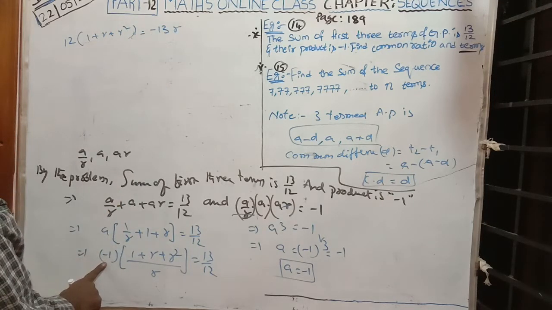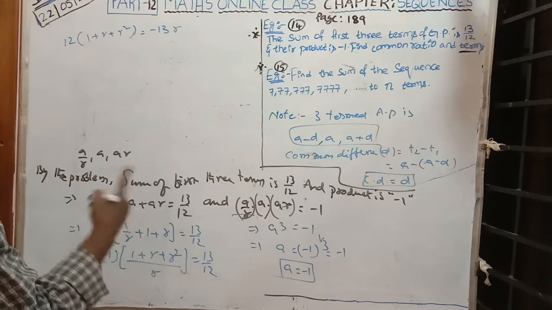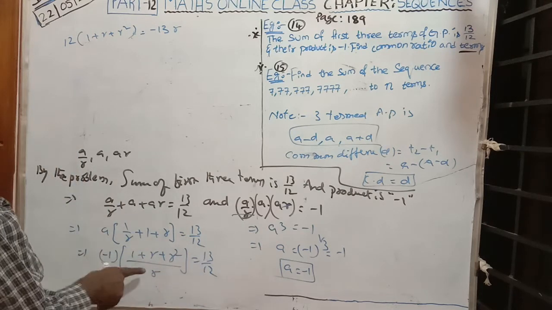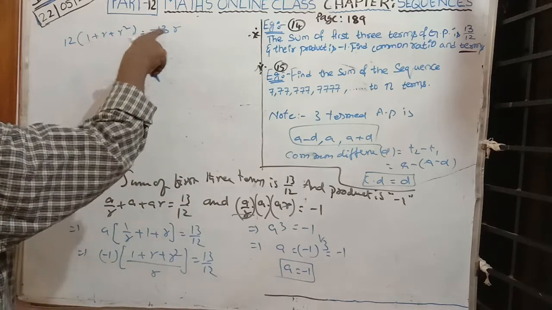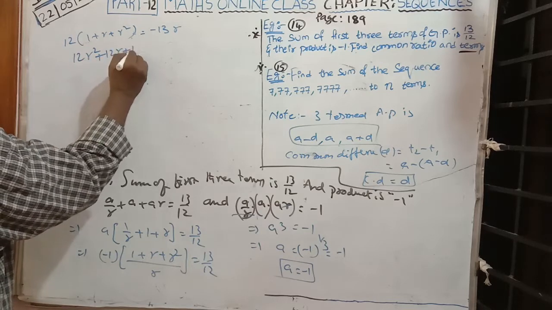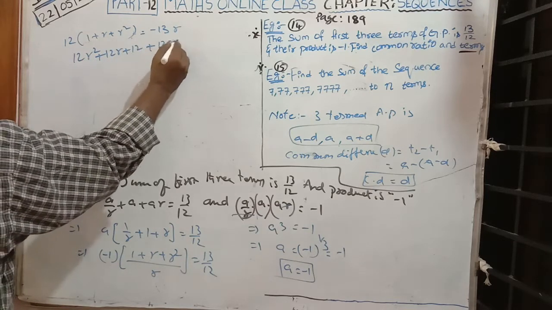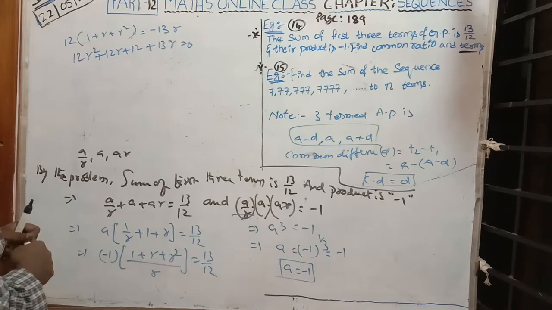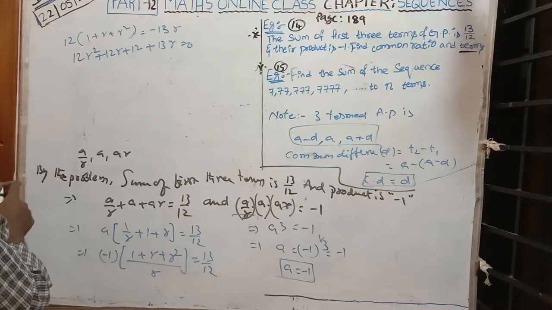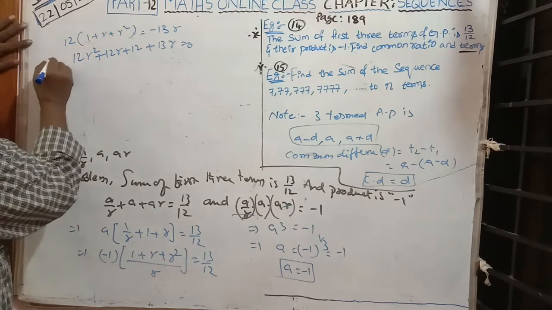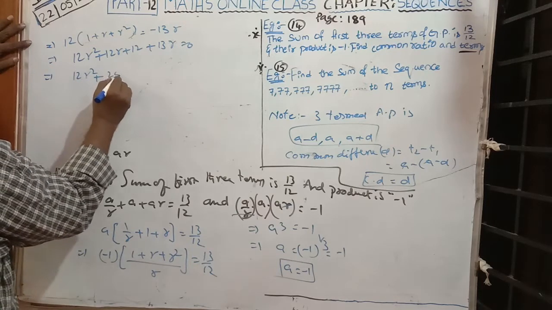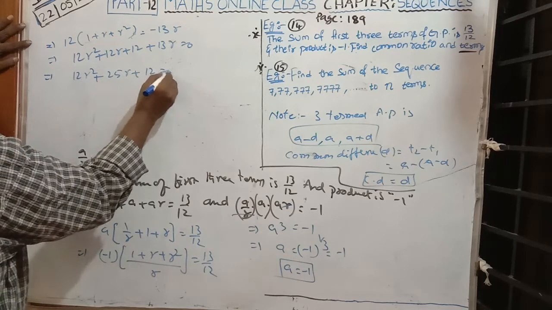The minus on both sides will cancel, so it is a plus. Cross multiplication: 12 into 1 plus R plus R square, and this is 13R, but minus 13R. It is 12R square plus 12R plus 12 plus 13R is equal to 0. You will agree? It is expansion. 12R square plus 25R plus 12 is equal to 0.